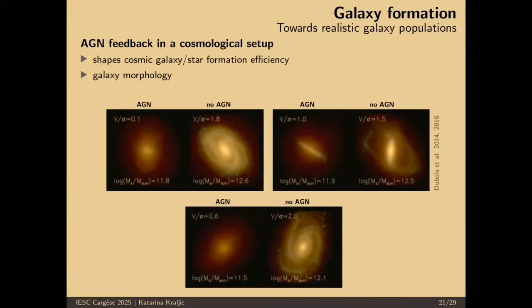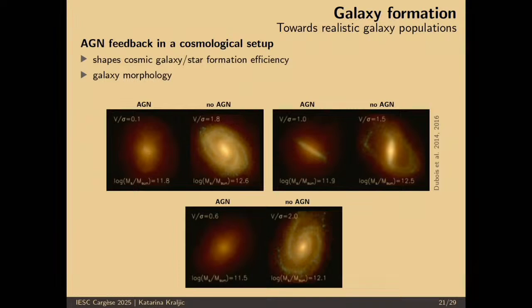Okay, what about the morphology? Here is one nice example of how AGN feedback could turn spiral galaxies into elliptical galaxies. This is an example from a numerical experiment where the same simulation was run in two different setups.